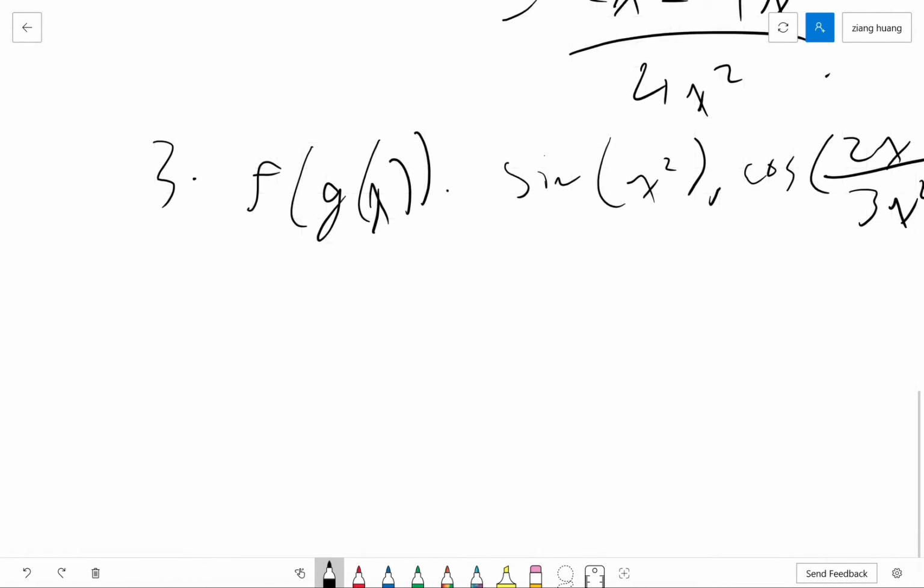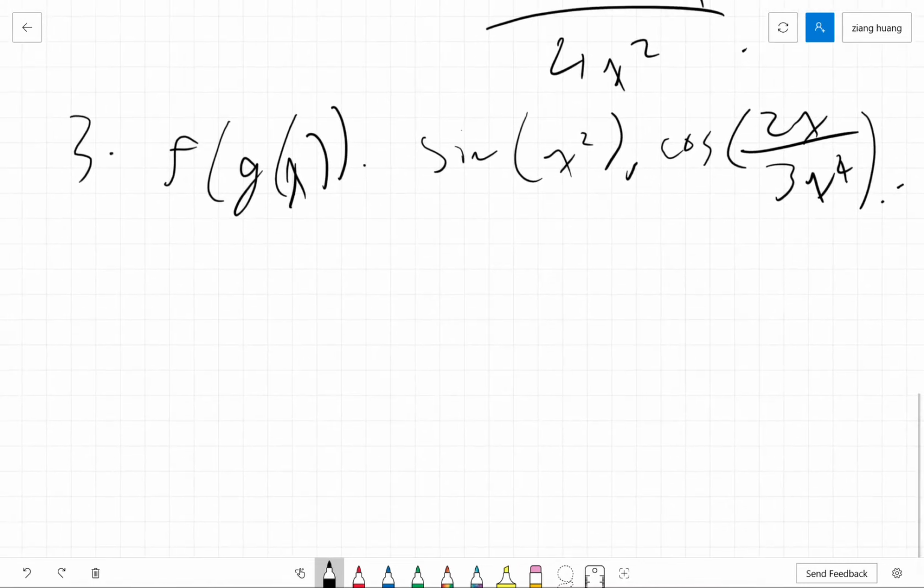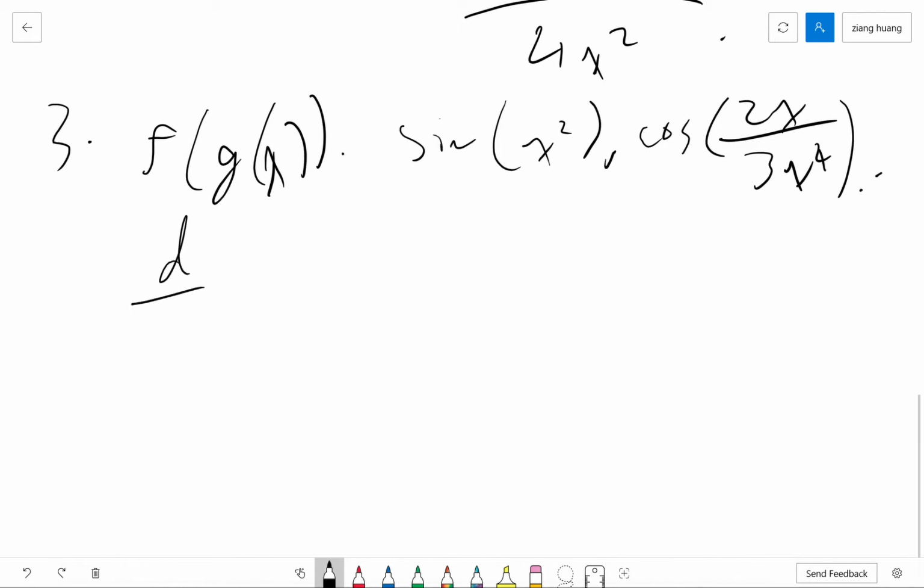So instead of an x as the input of the function's variable, the input for the function's variable is another function. Now, how do you differentiate these functions? This rule is called the chain rule.